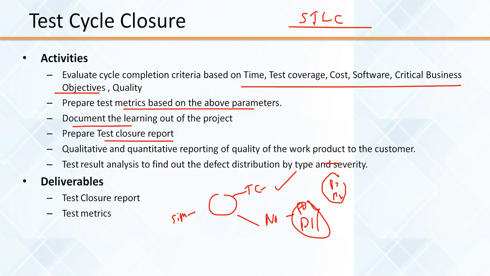And then defect closure: we need to identify whether all the test cases have been executed and passed, and whether all the defects have been closed, and then we can exit from testing. We can sign off our testing. So these are the activities of the STLC process, the software testing life cycle process.